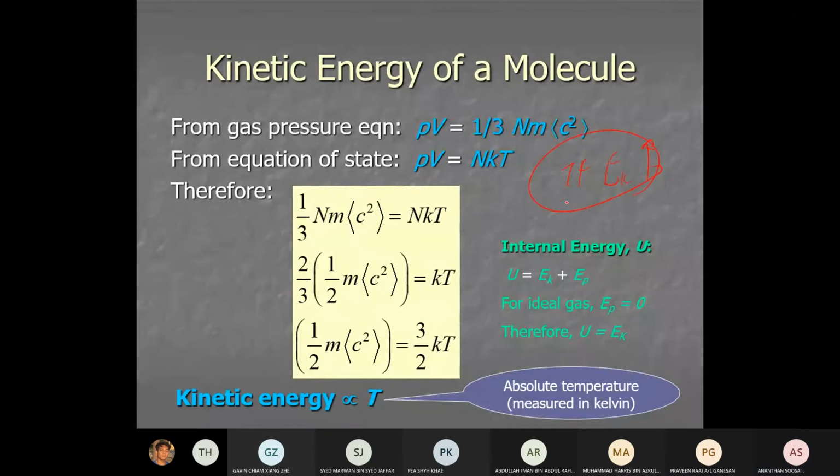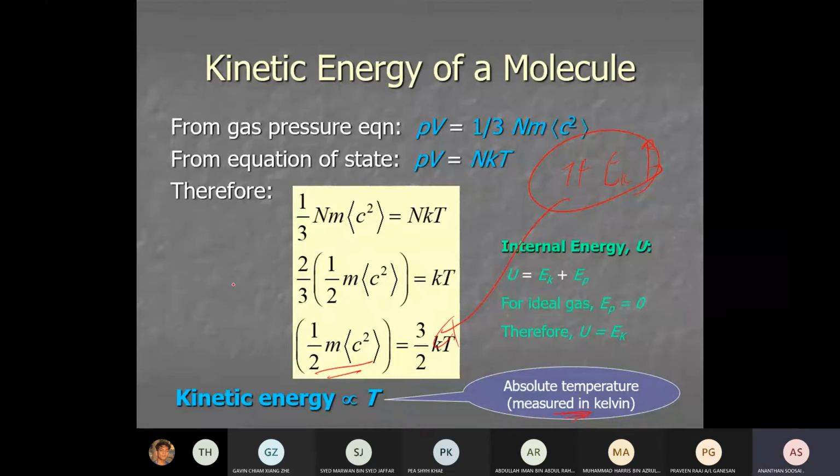What's the proof? This is the proof. The kinetic energy of the particle is 3/2 kT. The kinetic energy is directly proportional to the absolute temperature, which is measured in Kelvin, not in degrees Celsius. Kinetic energy is directly proportional to the absolute or thermodynamic temperature in Kelvin.